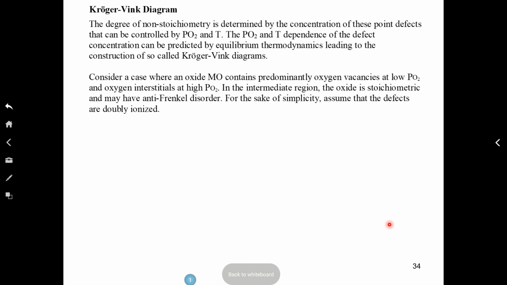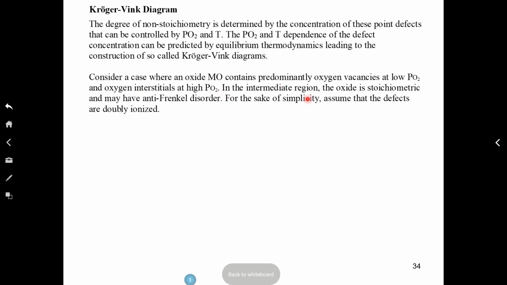But here we're talking about a material MO, with a divalent M, and it says that it contains predominantly oxygen vacancies at low PO2, which is typical of an oxide. If you go to very low PO2, it will have oxygen vacancies. On the other hand, if you go to very high pressure, it will have oxygen interstitials as the dominant defect. So these are some known facts.